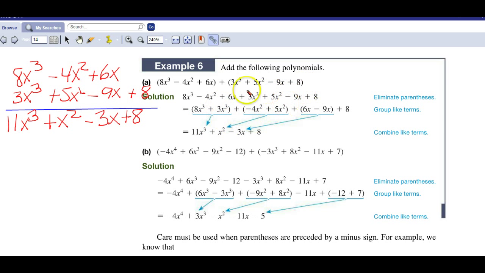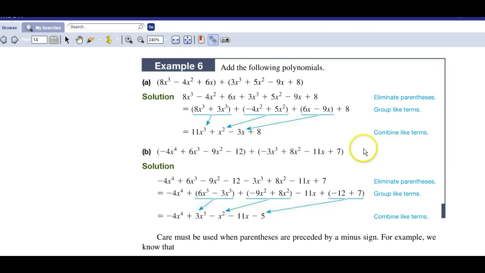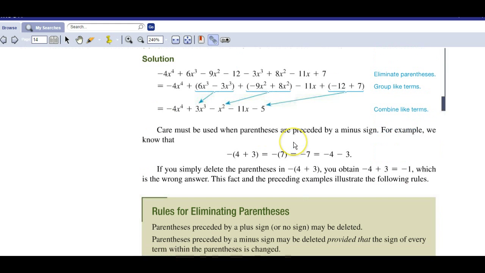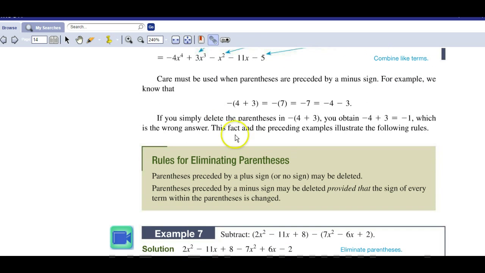Now, this is addition, so this is pretty straightforward. You're just adding unlike signs in some cases. Now, if you have a subtraction, that's a little more challenging. And notice this is now subtract whatever's there.